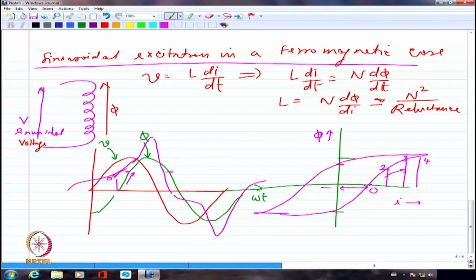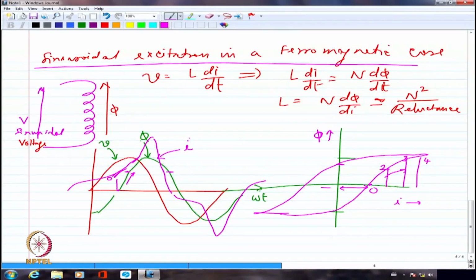The flux is sinusoidal, all right, but the current is definitely not sinusoidal, because the hysteresis loop or the BH loop introduces a non-linearity in the relationship between the current and the flux. And that is going to cause the current waveform to deviate from the normal sinusoid. So I am going to have this as the flux waveform, whereas this is going to be the current waveform. The current is definitely not sinusoidal.